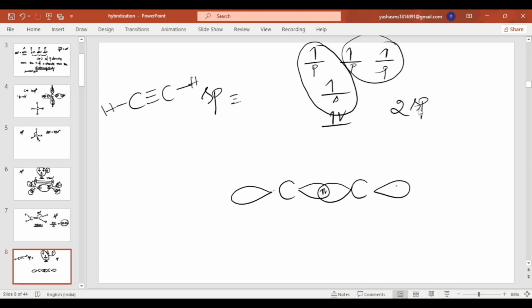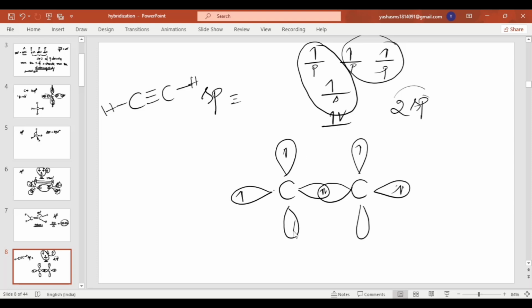Total there are two sp, sorry, two sp hybrid orbitals. This is one, this is the second one. I will be writing over here like this. This is one p orbital, and again I will draw another p orbital like this.